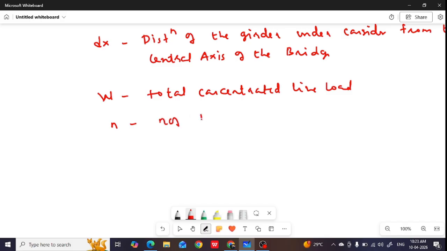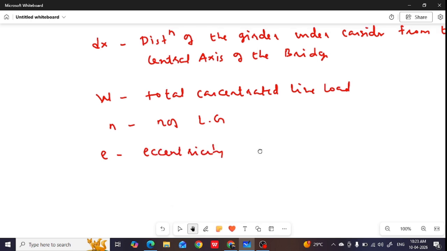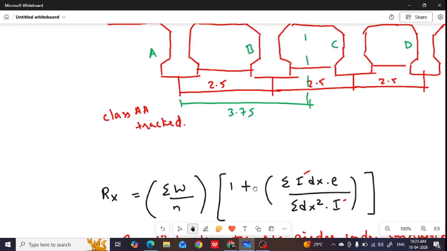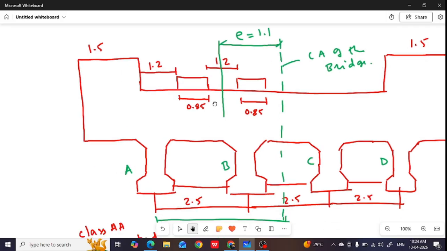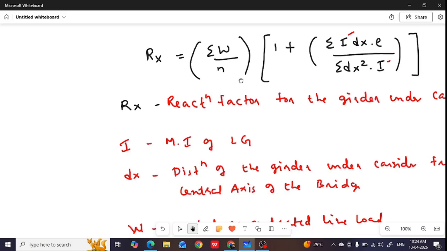E is the eccentricity of the live load with respect to the central axis of the bridge. So already we have calculated the eccentricity. What is the eccentricity of the live load with respect to the central axis of the bridge? E, that is 1.1. We can use the formula.